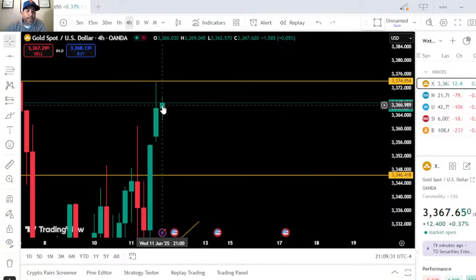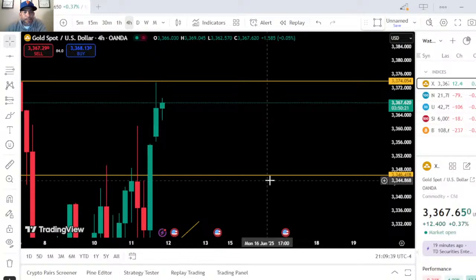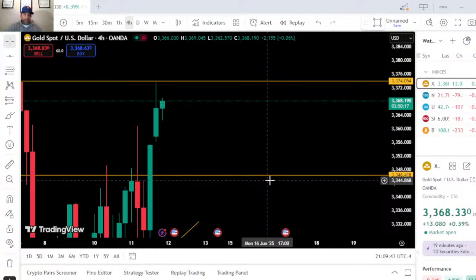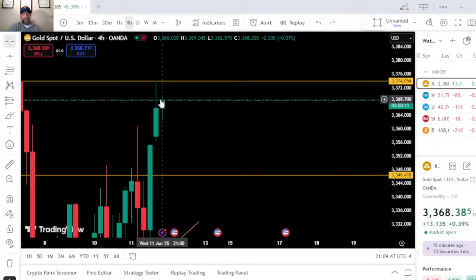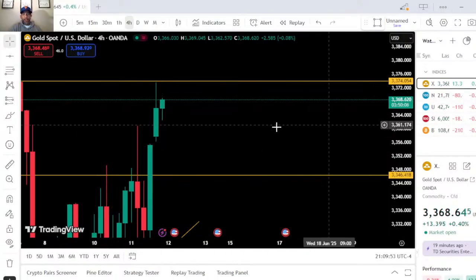So we actually made a higher wick here, move up, but still have to stay patient, right? Because it's tempting to get in here, but if I enter here and this thing decides to come down and make that steeper wick, then we're gonna get caught in that drawdown.